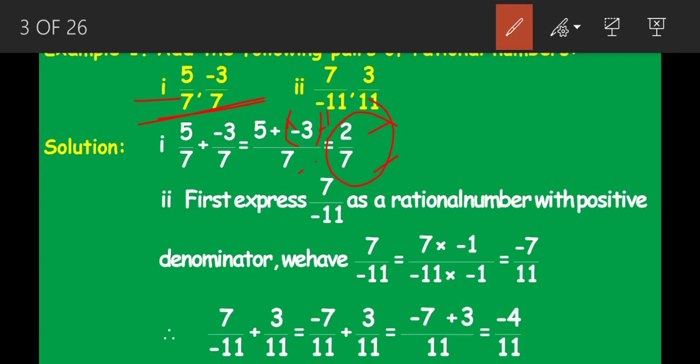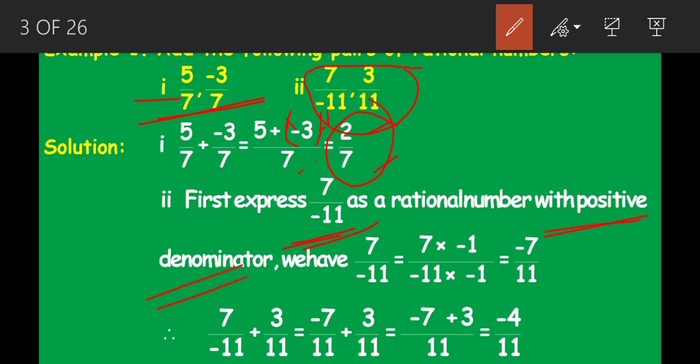Next, second question. 7 by minus 11, 3 by 11. The given fractions were 7 by minus 11, 3 by 11. But in 7 by minus 11, in the denominator part, minus 11 is there. Negative symbol is there. Let us take it to the numerator part. So, 7 by minus 11, we have to represent with positive denominator.